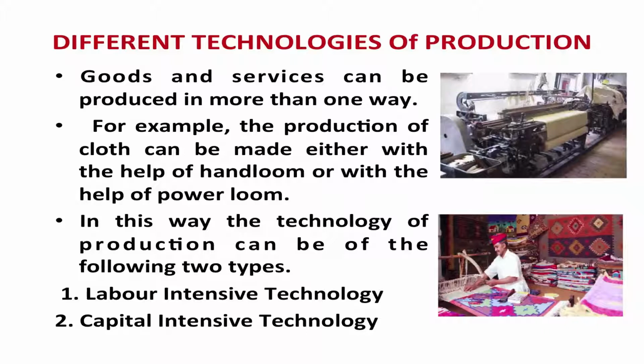For example, the production of cloth can be made either with the help of a hand loom or with the help of a power loom. The first one, the hand loom, is a labor intensive technology of production and the second one, the power loom, is a capital intensive technology of production.